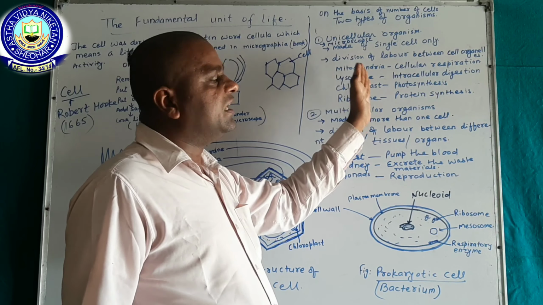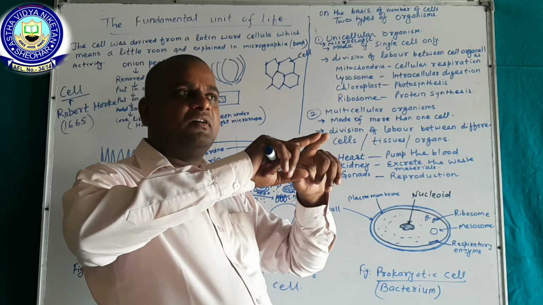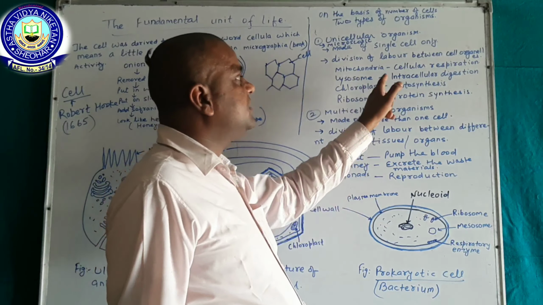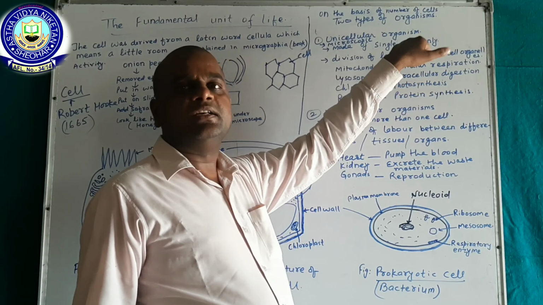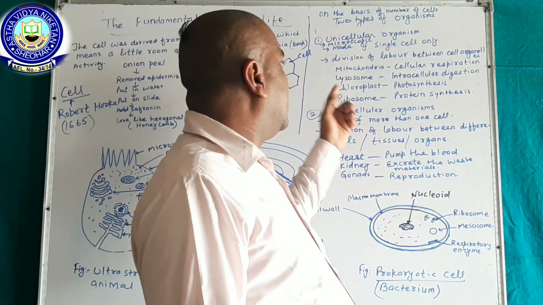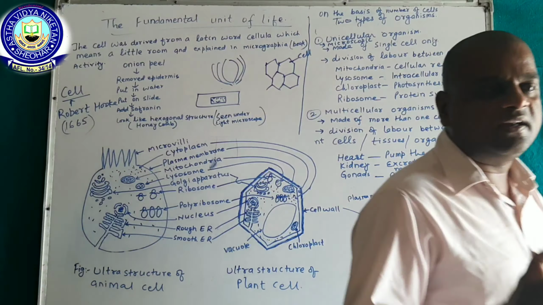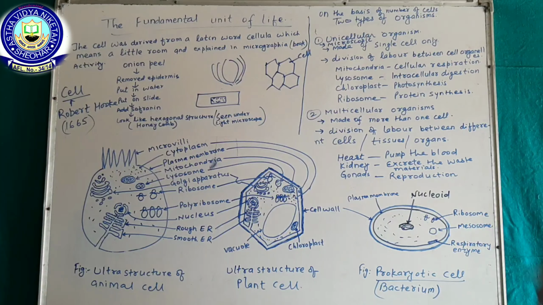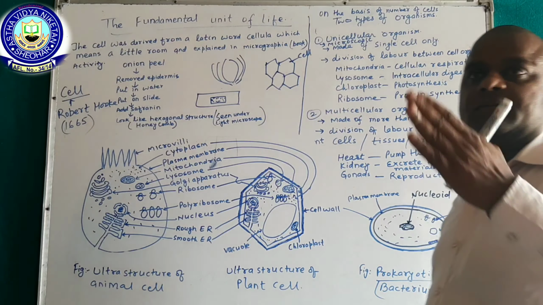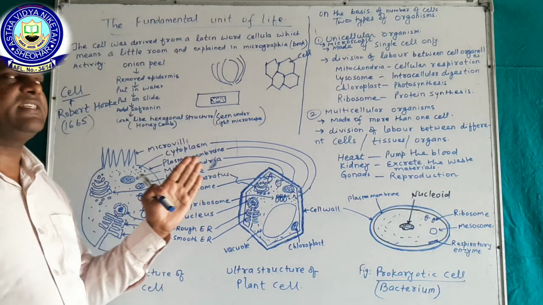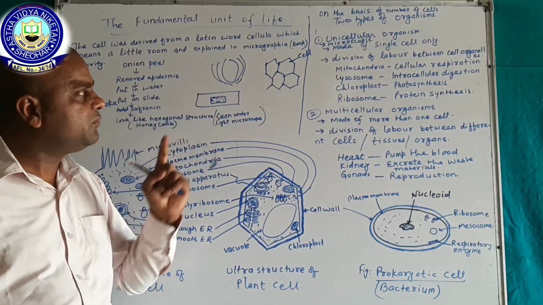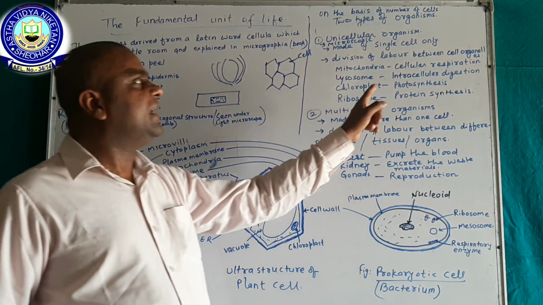They have different functions in a cell. Mitochondria take part in cellular respiration, lysosomes take part in intracellular digestion, and in chloroplasts photosynthesis occurs, and during photosynthesis they make food.